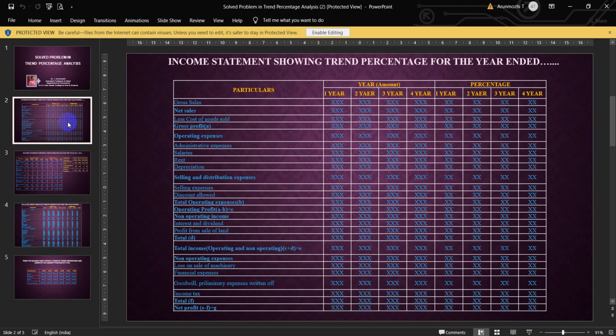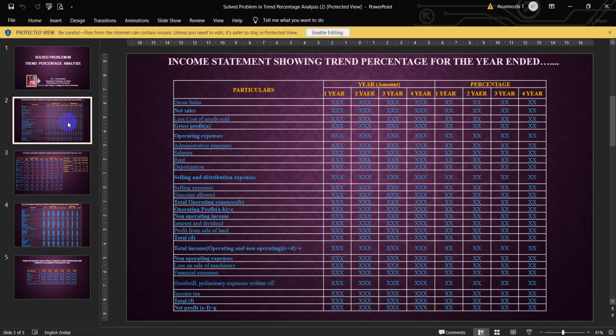Under this technique, the profit and loss account and balance sheet of an accounting year are taken as the base. The base year may be the earliest or any intervening year. Normally, the earliest year is reckoned as the base year. Every item in the base year's financial statements is taken as equivalent to 100. All the corresponding figures in the financial statements of the other years are expressed as a percentage of their value in the base year's financial statements.